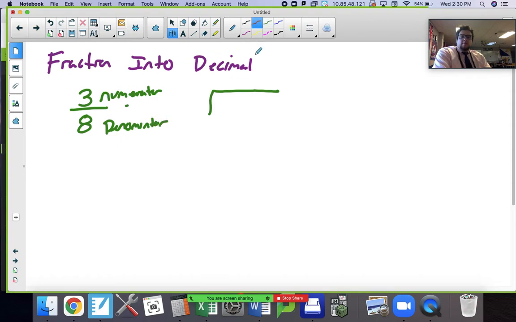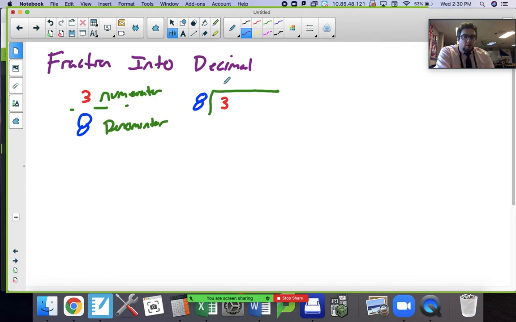The numerator goes inside the house. The denominator, oops, I don't know why I changed it to a 4. It's just an 8. Goes outside the house. And then we begin our longhand division.